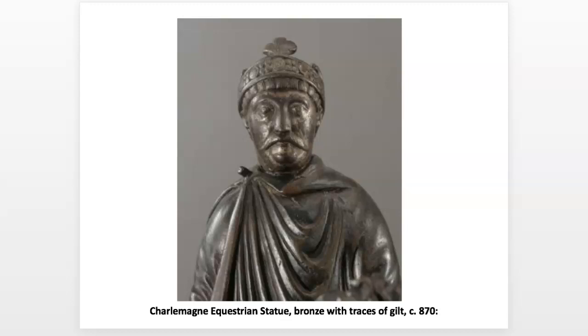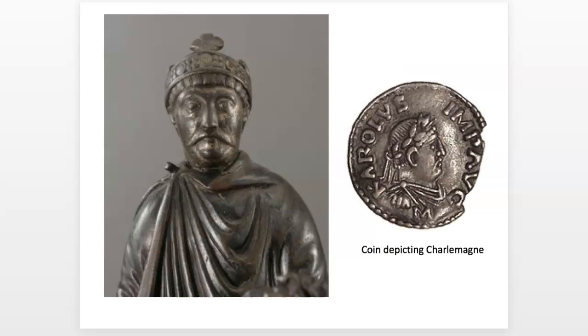It's often referred to as a statuette of Charlemagne, but it could possibly have been his grandson or his grandfather, though we mostly believe it to be Charlemagne because there are coins depicting him, and there's a lot of commonality between the likenesses.